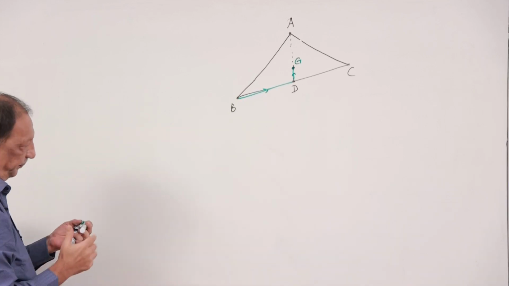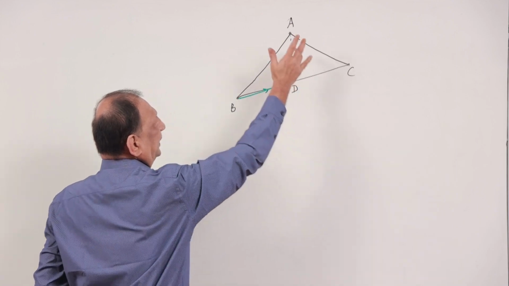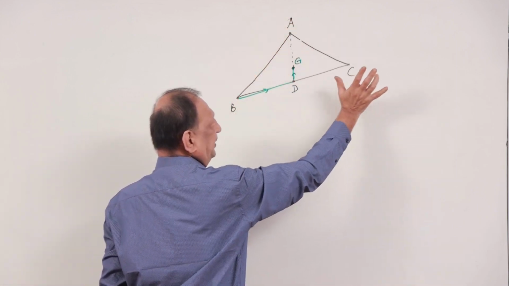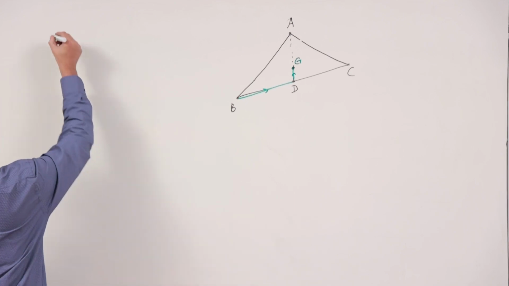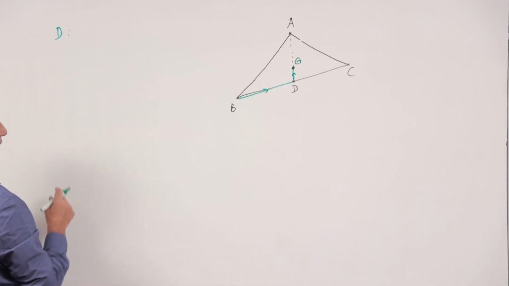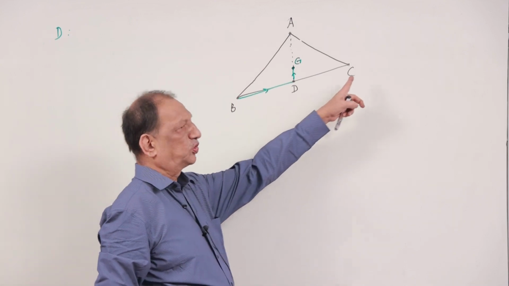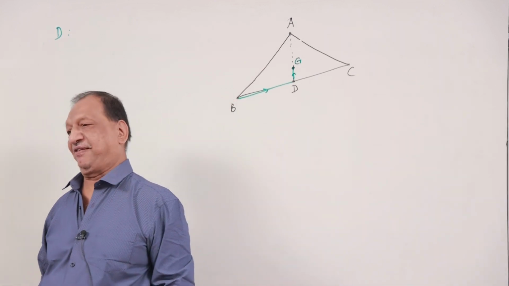So I write the coordinates now. So I got A, B, C, x1, y1, x2, y2, x3, y3 are the three coordinates. Therefore, what is point D? From x2, y2, I have to go towards x3, y3, but halfway, correct?